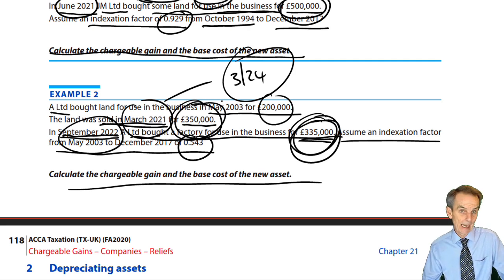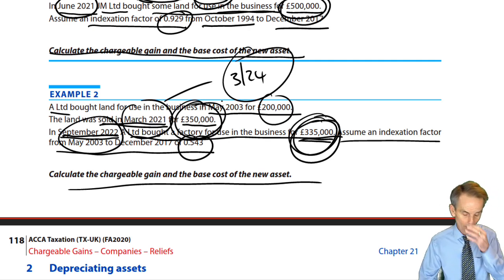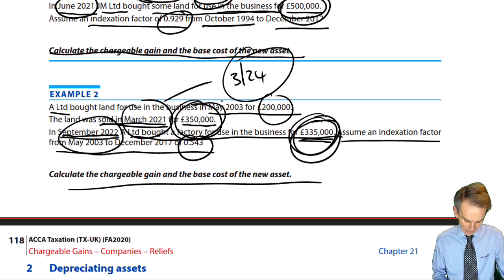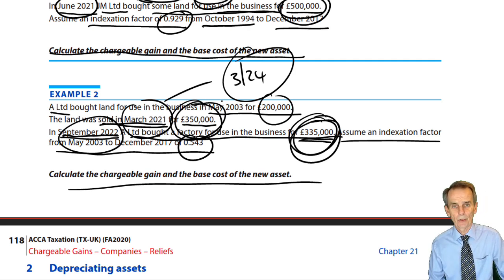That amount of gain would be deferred, would go into the corporate tax computation and into our corporate tax return when we submit it to HMRC, which would show the reduced gain, and we pay the tax on the lower amount of profit. So there we've got our typical examples of full reinvestment and partial reinvestment.